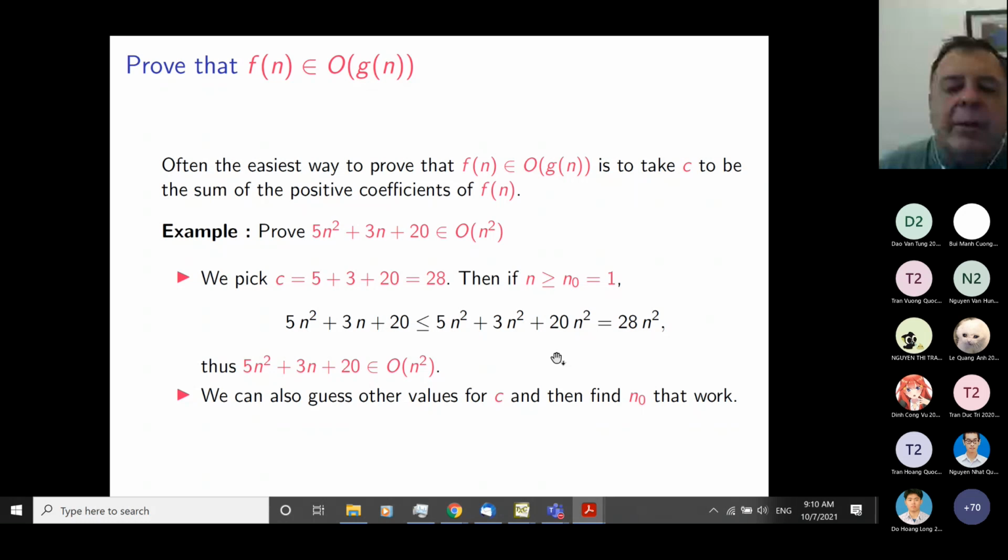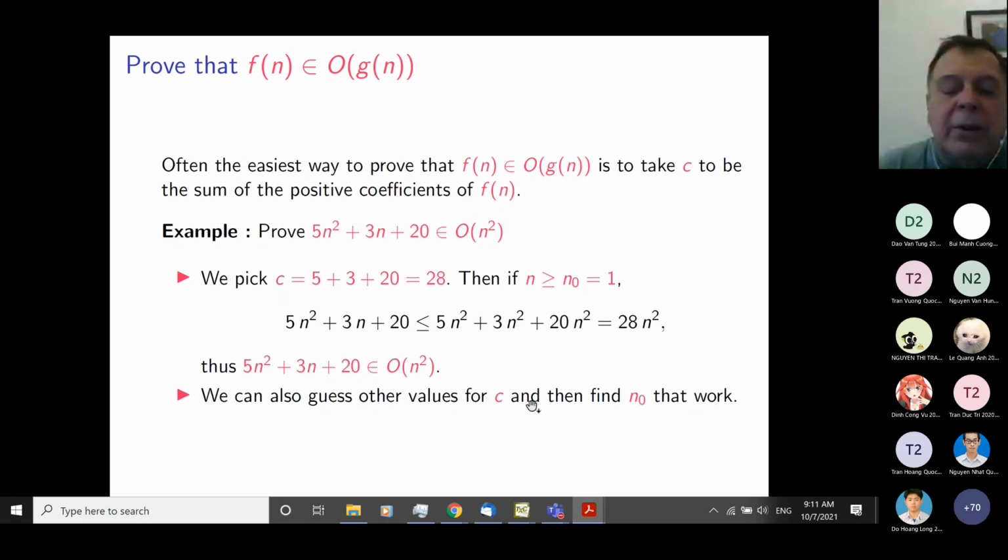If I put c smaller, you will see this when you do the exercise, the consequence is that I need to increase the value of n0. So we can play with c, put it smaller than the sum of the constants. But if we do this, we need to find an n0 that is going to work.